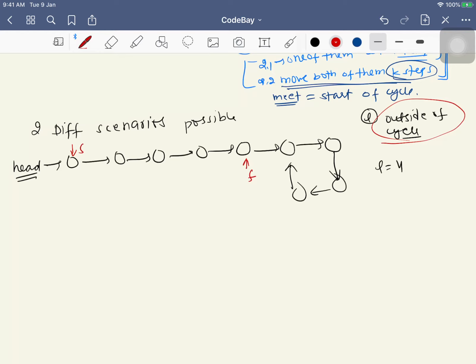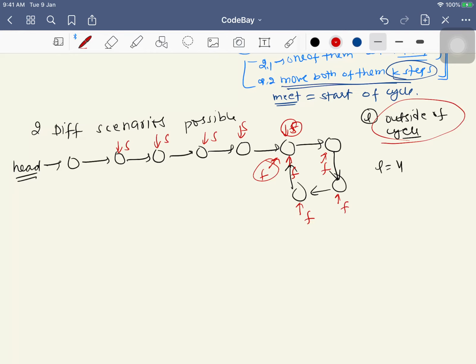Now when F takes the remaining steps and S takes its steps, they will be pointing to the same node. F takes 1 step, then S takes 1 step, then F again, then S again, and so on. So now they have again met. So this is the starting point.